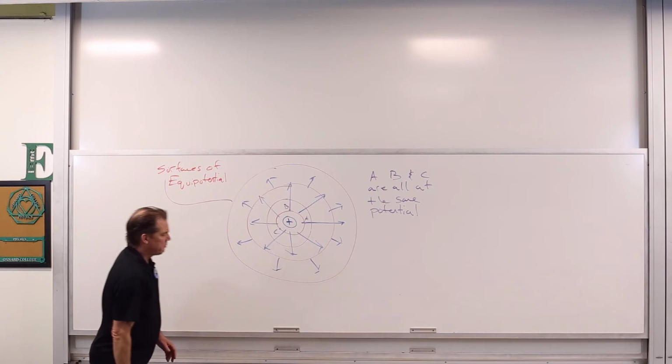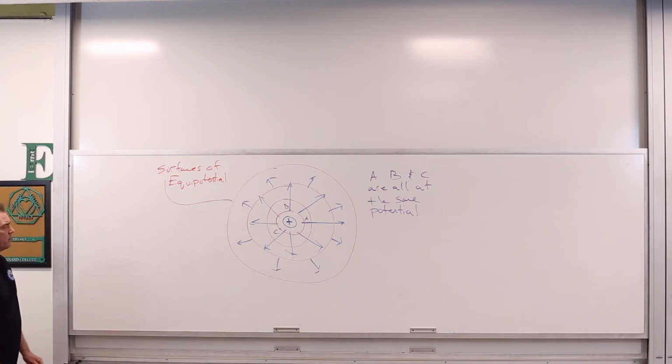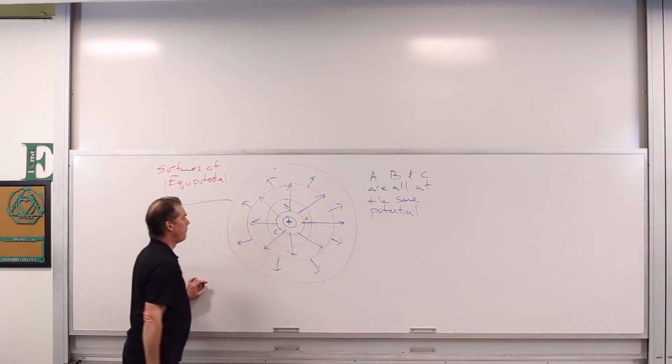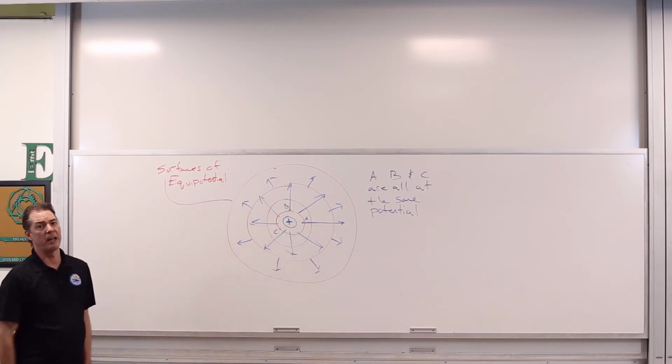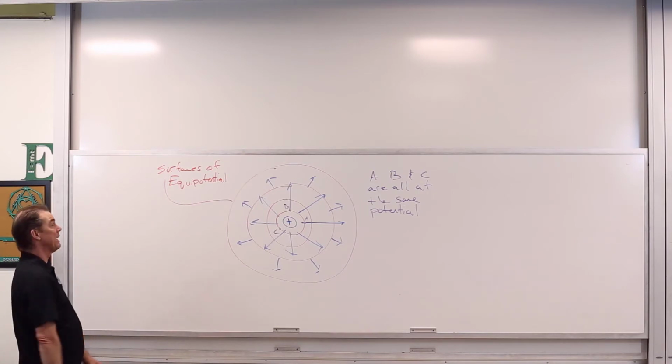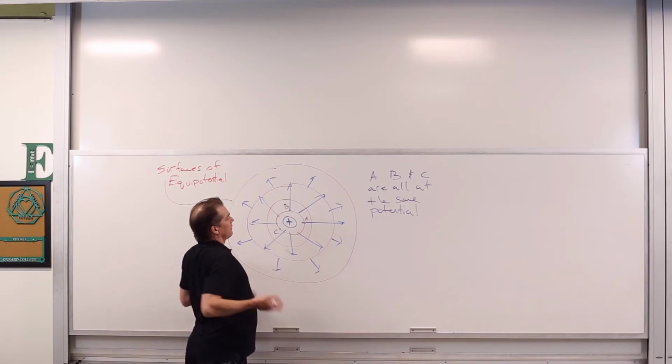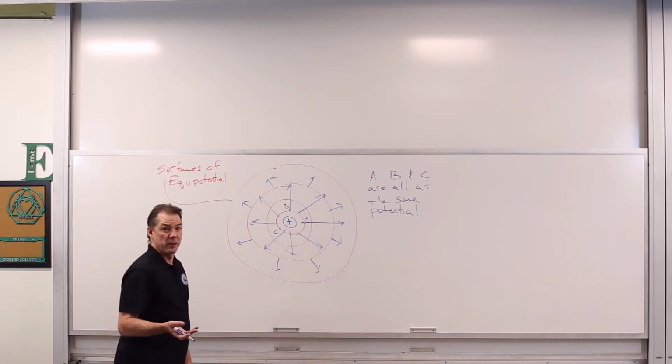Why? Because the magnitude of the electric field is exactly the same there, and to get from one of these points to the other, we can get there by having no overall displacement in the direction of the electric field. So that's really what correlates with surfaces of equipotential.